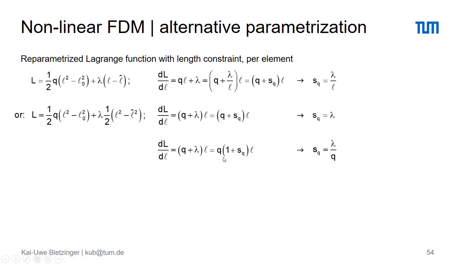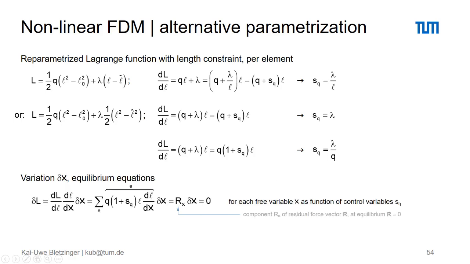So here we prefer that one, where the relative relation between the force densities remains fixed. We simply scale all of them with the same scaling factor. Then we just proceed as before. We have to go into the variation of the geometry with respect to the three variables, just to receive the equilibrium equations.